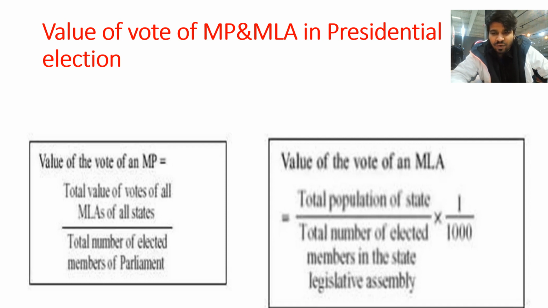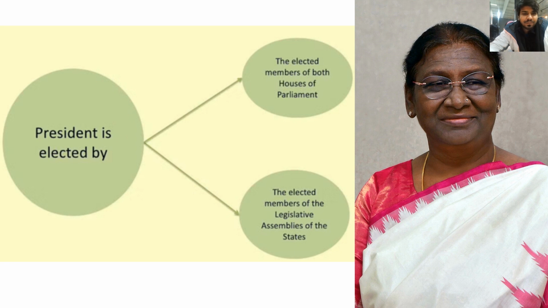If you divide the total value of the votes of all the elected members of the state legislative assemblies participating in the presidential election by the total number of elected members of Parliament, you'll get the value of the vote of an MP. Similarly, you get the value of the vote of an MLA by dividing the total population of a state by the total number of elected members in the state legislative assembly, and then dividing it by 1000. That's just a little bit of mathematical theory.